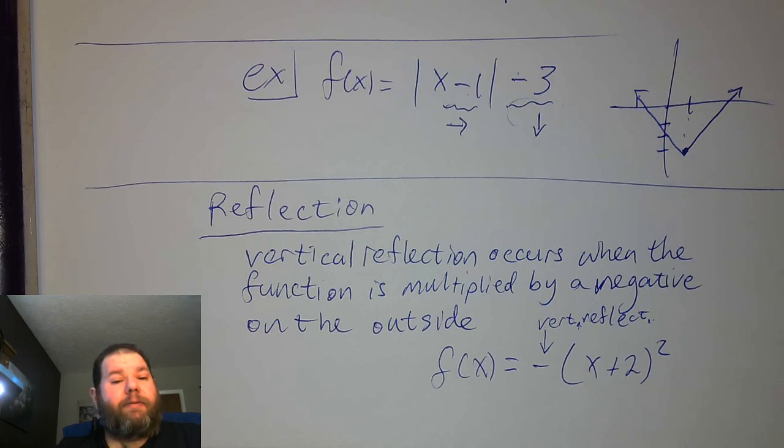As you might expect, a negative on the inside reflects it horizontally. I think I'm going to save that one for chapter 6, so we'll ignore it for now. We'll just focus on the vertical reflection in this section.